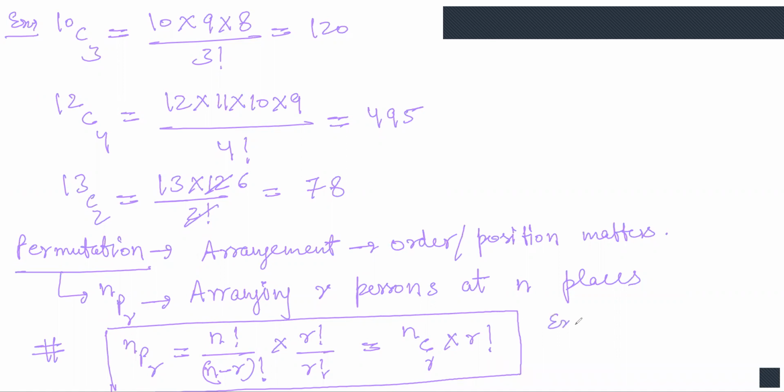For example, if you want to calculate 10P3, इसका मतलब है you are arranging 3 persons at 10 places. There are 10 places, you can use any 3 of them and you are arranging 3 persons on them. So 10 factorial divided by 7 factorial. 10 factorial को 10 into 9 into 8 into 7 factorial लिखा जा सकता है, तो answer would be 720.